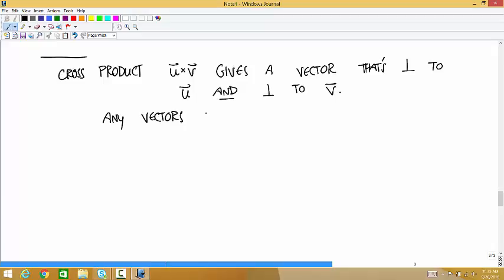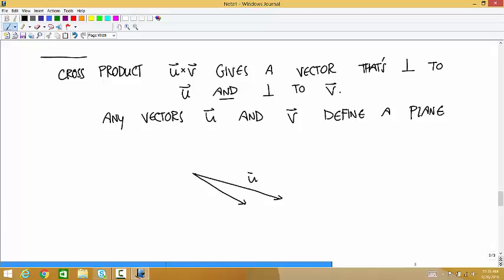any vectors U and V define a plane. So say this is U and this is V. Those vectors lie in a plane together.